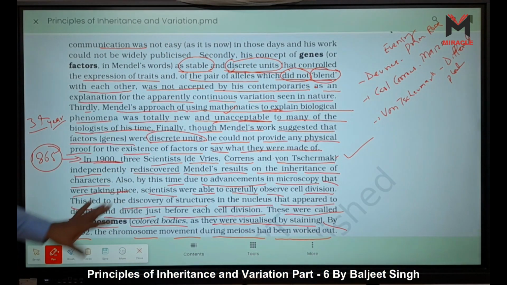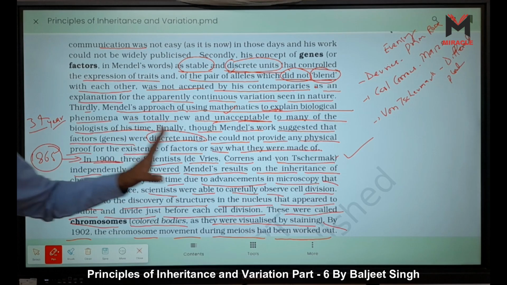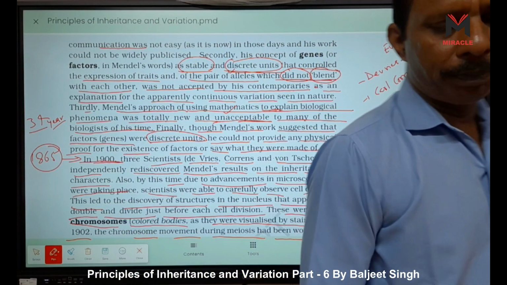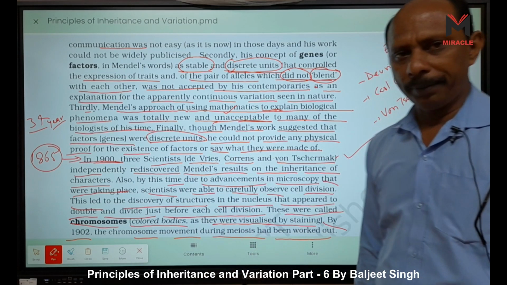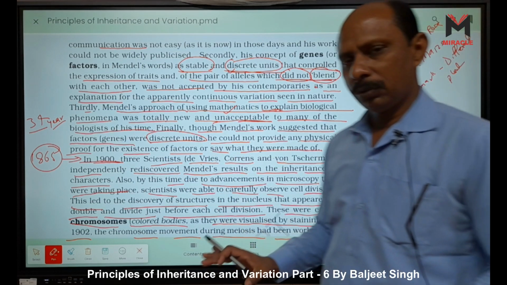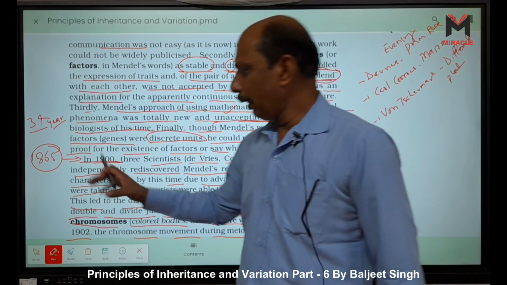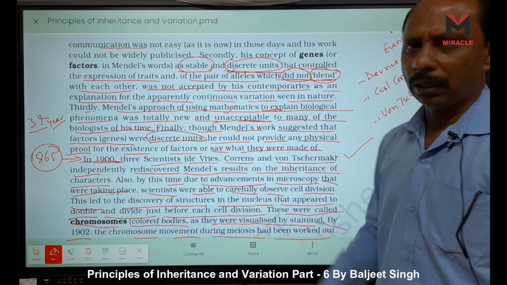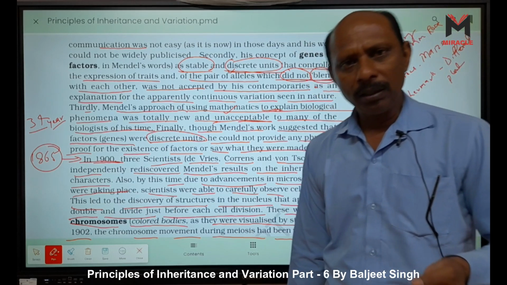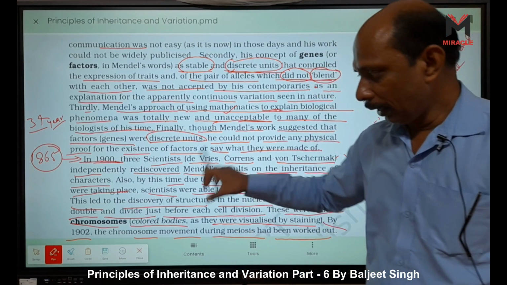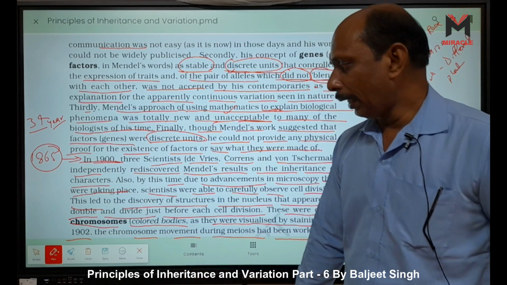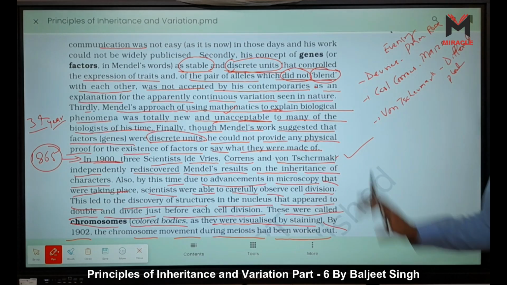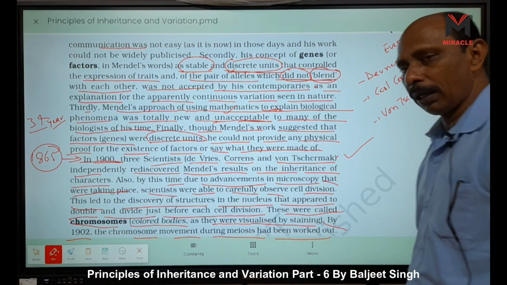So you understand, in 1865 Mendel published his experiments in a magazine, in Brno city only, and then no one understood this. In 1900, these three scientists, de Vries, Correns and von Tschermak, rediscovered Mendel's experiments independently. In 1902, the chromosomal movement during meiosis was also worked out, right?